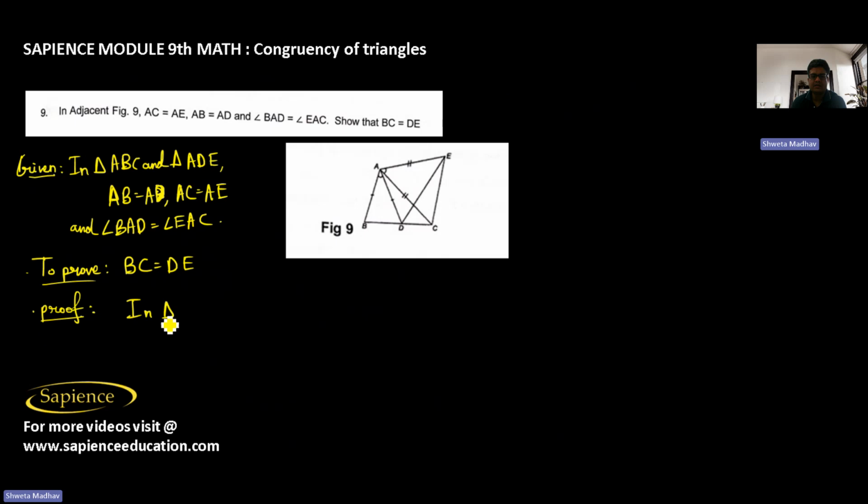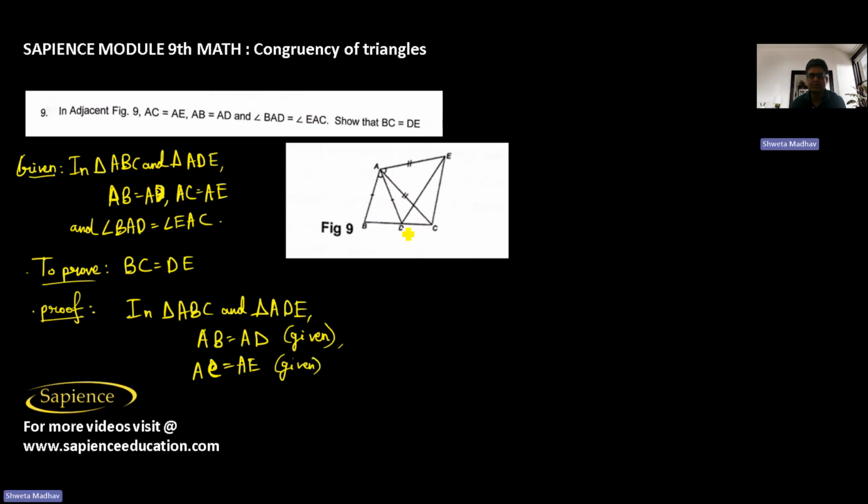I will say that in triangle ABC and triangle ADE, since it is told that AB equals AD, which is given, and obviously AC equals AE, which is also given.